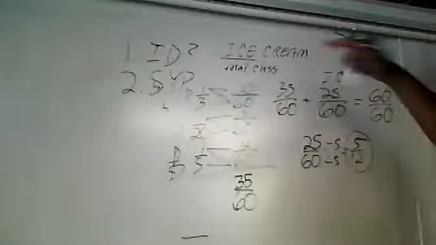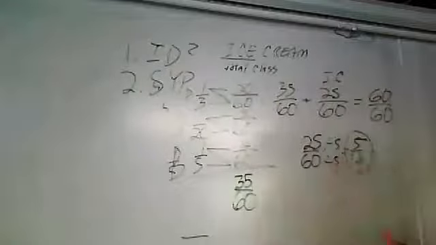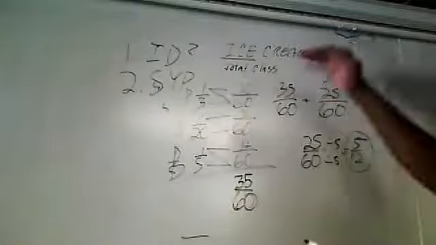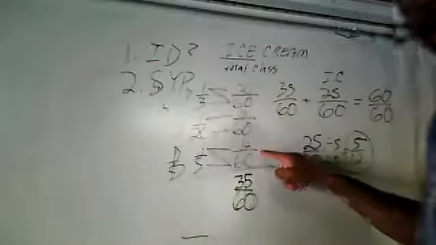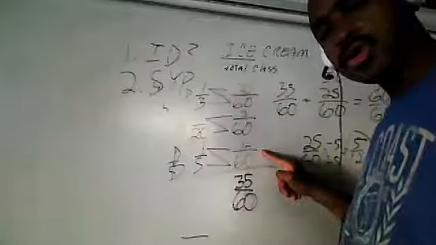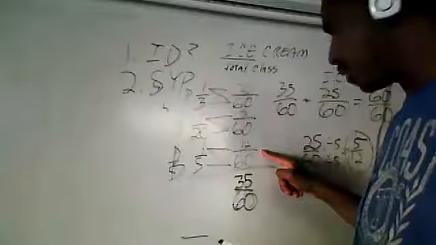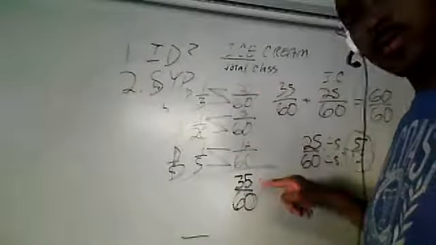Okay, so step one, you ID the question and say, well, exactly what are we looking for here? Well, we want to know what fraction of the class chose ice cream. In the problem, they gave us pizza, they gave us sushi, they gave us burgers, but they did not give us ice cream. So what it's on us to do is to add up all of these fractions, and we get 35/60th.